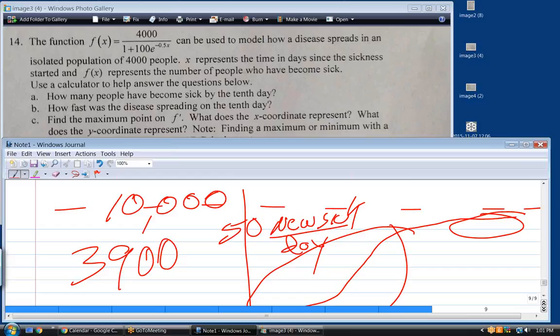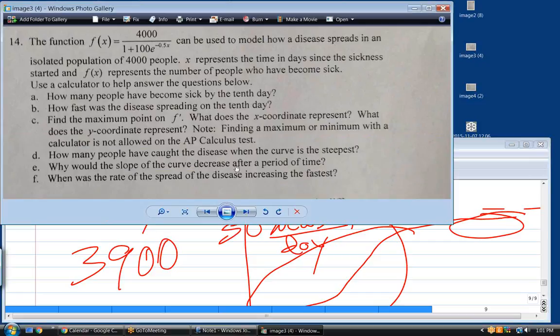So the rate of people getting sick decreases as I approach my upper limit. It's just the nature of the world and logistic functions. There's a period where the maximum rate is hit, and then that tends to slow down. All right. I know I'm not answering your question fully because it's a little bit hard to answer, but as long as you understand what's going on, you can put it in whatever words you want.